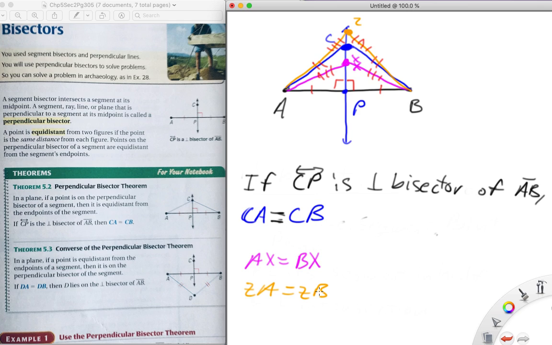Any point along that perpendicular bisector, if I draw a line from there to the endpoints of the segment that is being bisected, those will always be congruent. Perpendicular bisector theorem.